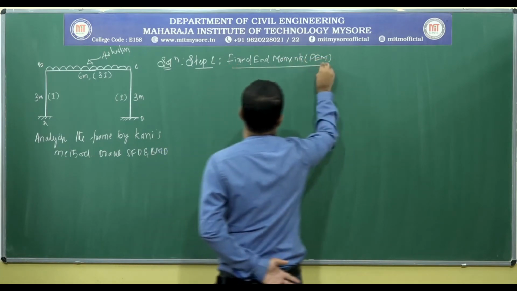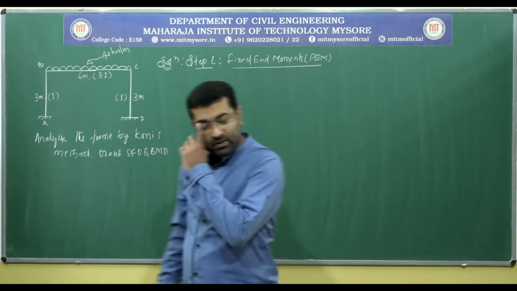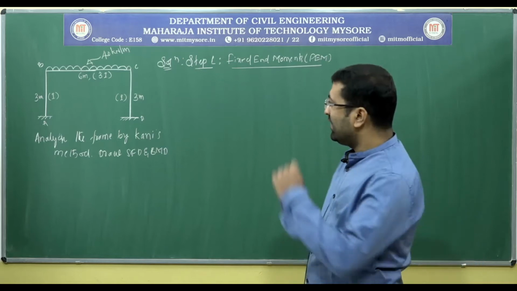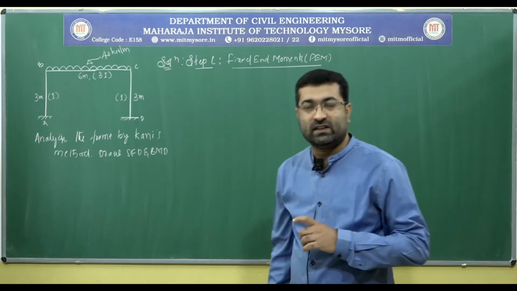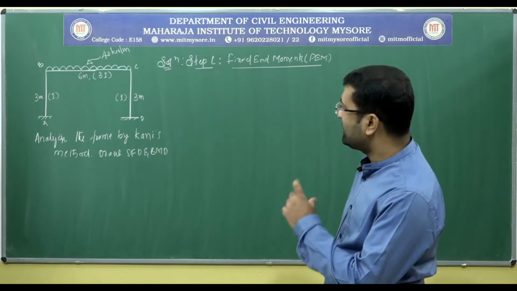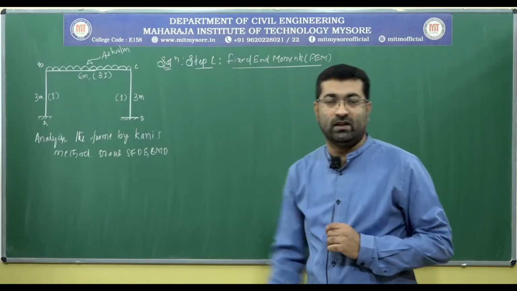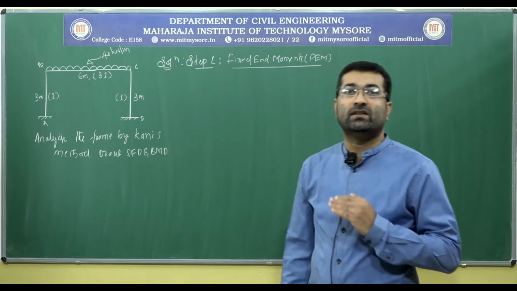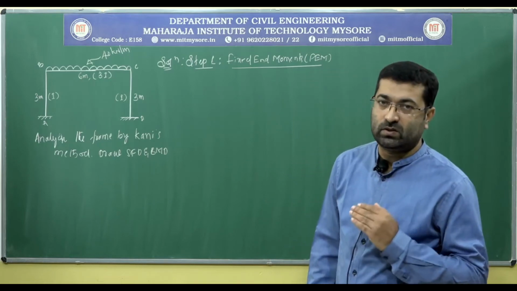Now you can see the frame where the member AB is 3 meters in height, and member CD is also 3 meters in height, but on members AB and CD there is no loading.